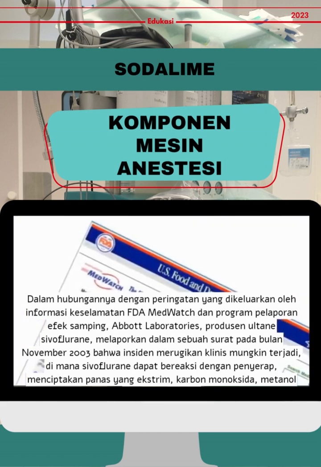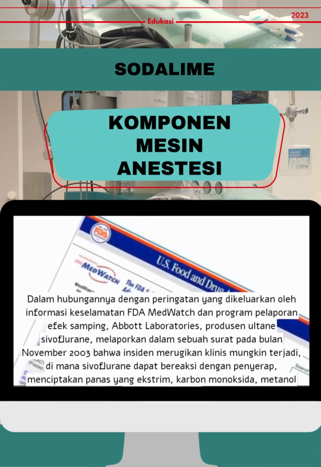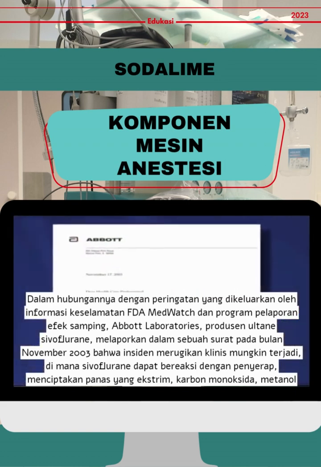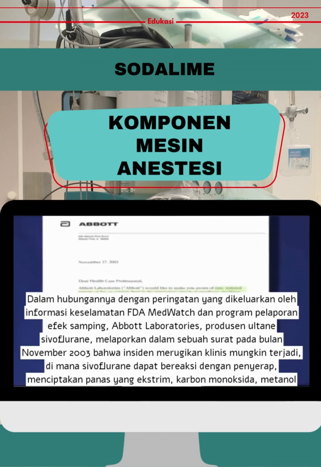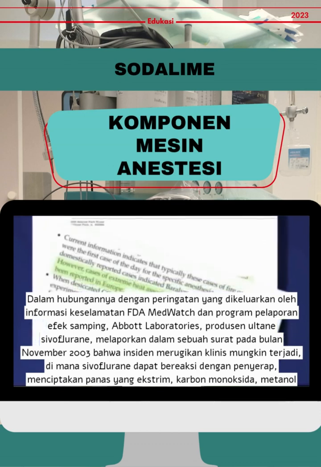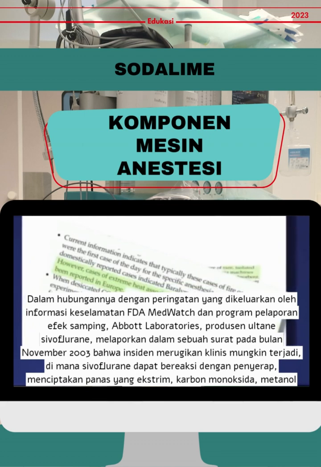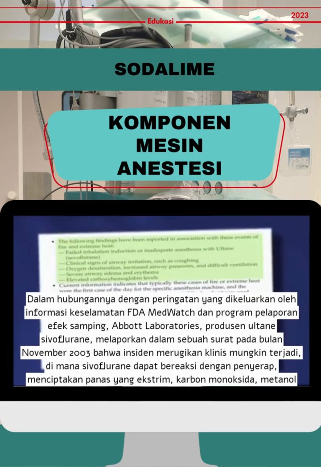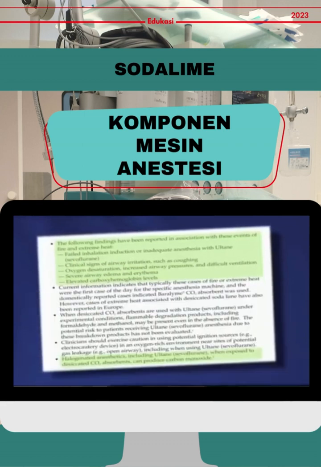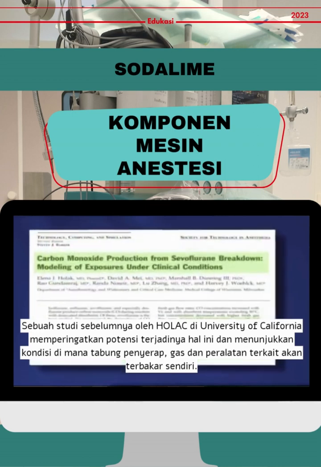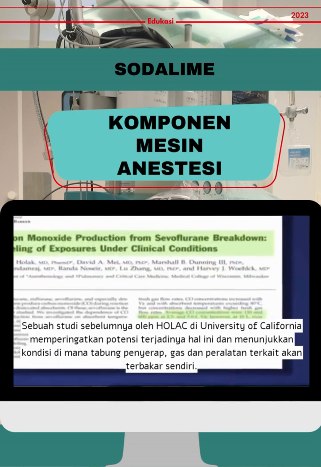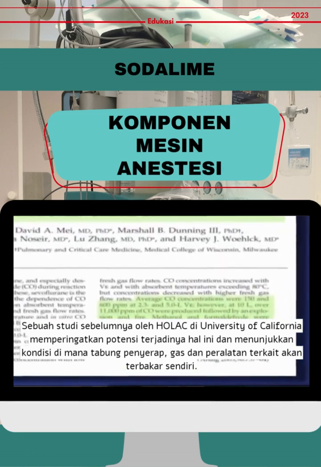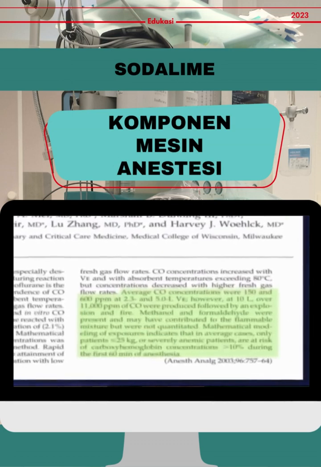In conjunction with an alert issued by FDA MedWatch Safety Information and Adverse Event Reporting Program, Abbott Laboratories, the manufacturers of Ultane sevoflurane, reported in a letter in November 2003 that clinical adverse incidents are possible, in which sevoflurane could react with absorbents, creating extreme heat, carbon monoxide, methanol, and formaldehyde. An earlier study by Holak at the University of California warned of the potential for this occurrence and demonstrated the conditions under which the absorber canister, gas, and related apparatus would self-combust.